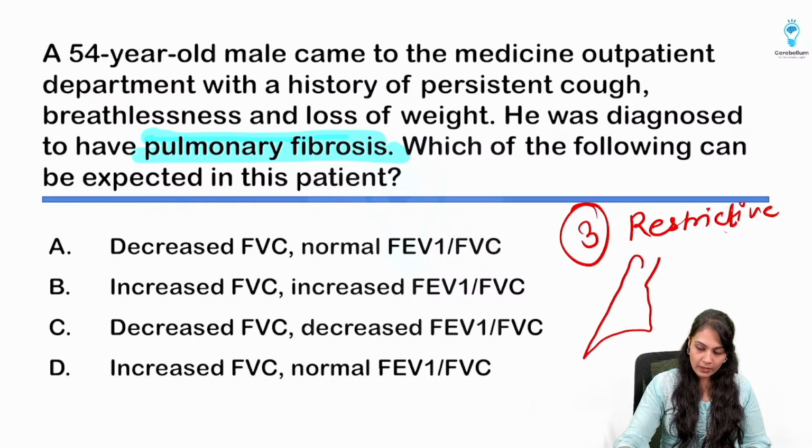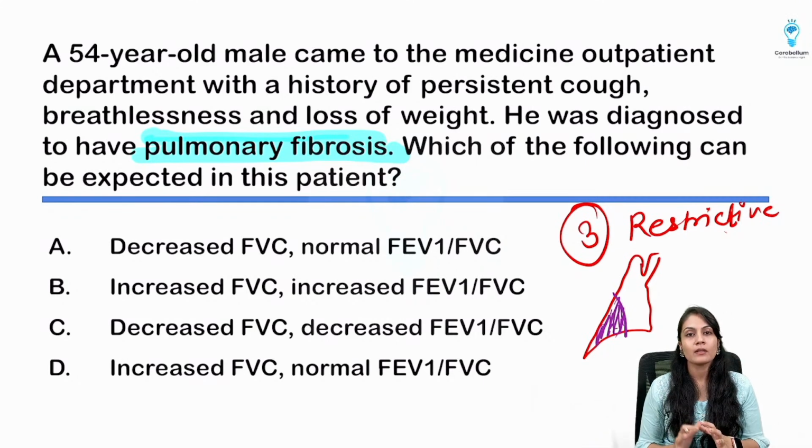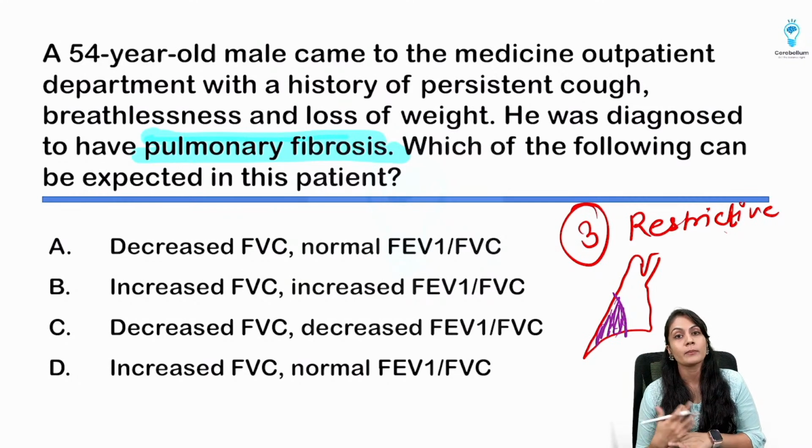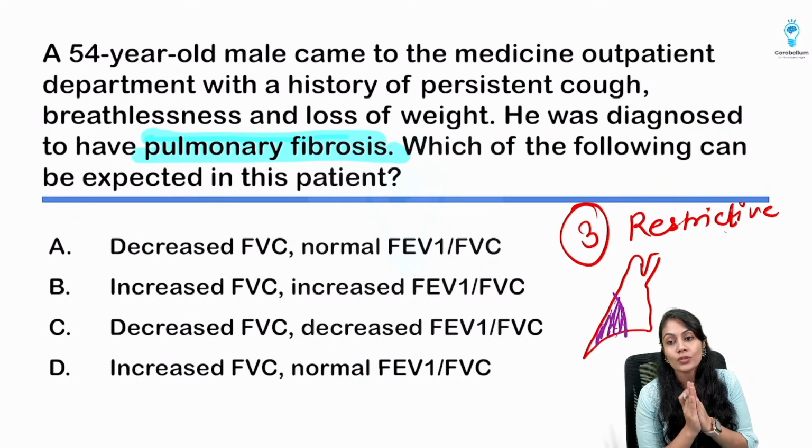Why? Because in restrictive lung disease, that means pulmonary fibrosis, the elastin fibers are replaced with fibrous tissue, that is nothing but fibroblasts, and they don't have any property to contract or relax, stretch or recoil. That's why we are going to call it restrictive lung disease.